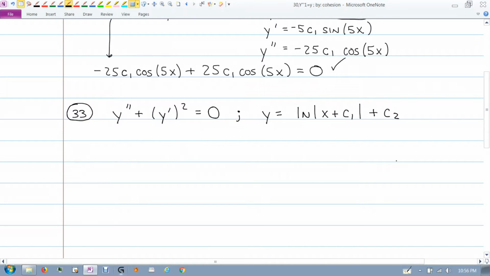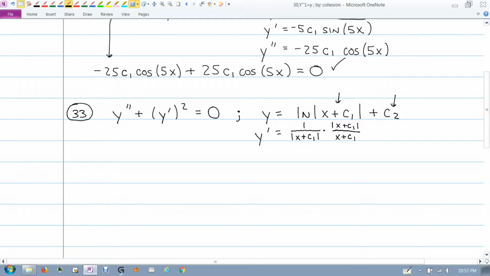Alright, here we go. So the derivative of natural log of something is 1 over it, 1 over the absolute value of x plus c sub 1, times the derivative of the absolute value of something, we already talked about that before, is the absolute value of it over itself, and then times the derivative of what's inside, and the derivative of what's inside is just 1, so I don't need anything.